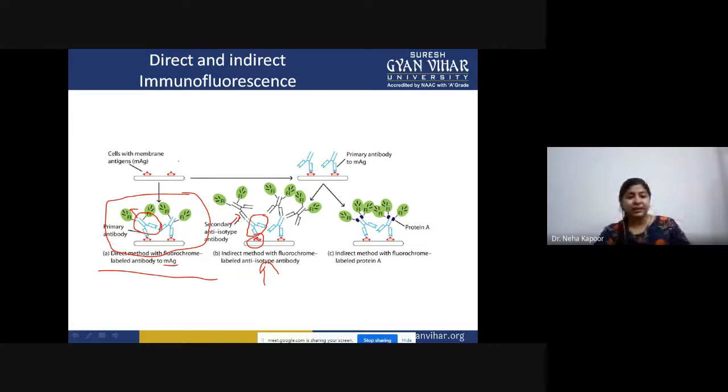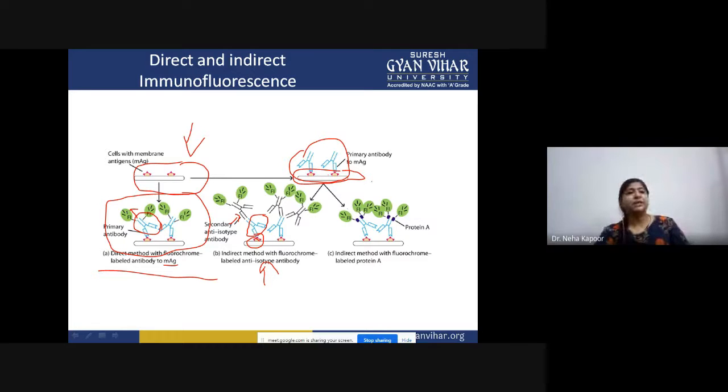That means if you are coupling an antigen onto the cell membrane and directly incubating with an antibody that is bound to a fluorophore, that is known as the direct method. If you are adding a primary antibody to the antigen on the cell membrane, and after that adding the secondary antibody coupled with the fluorophore, that method is known as indirect.